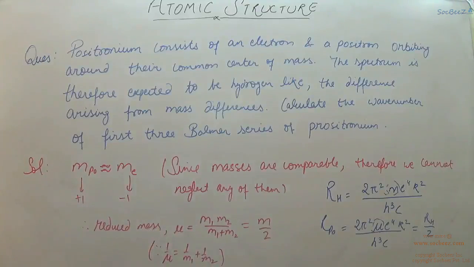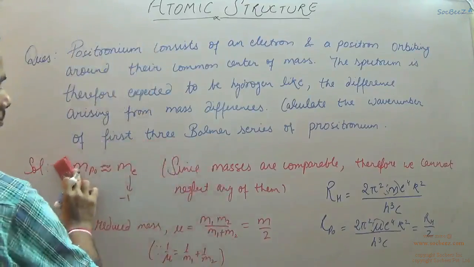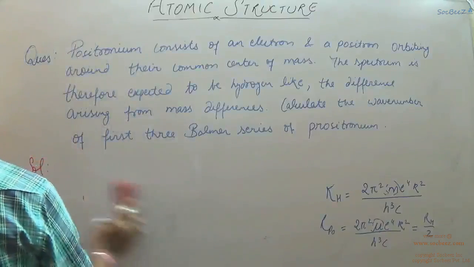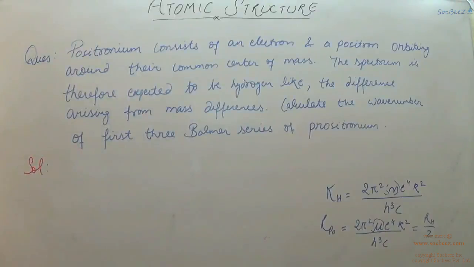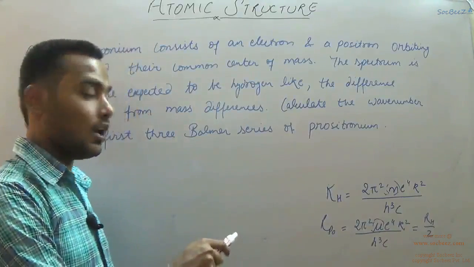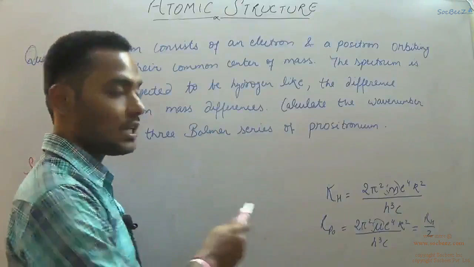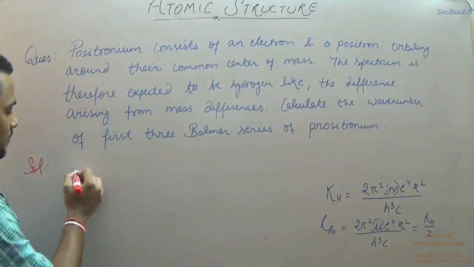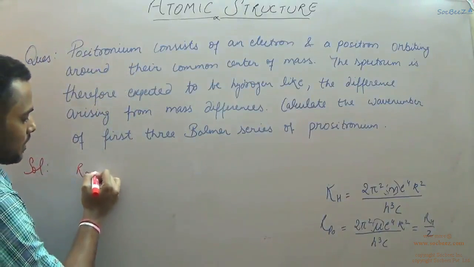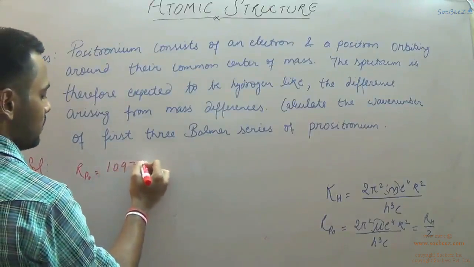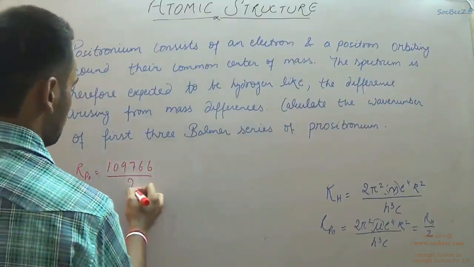Now there is almost nothing left. The only catch in this problem was to calculate the Rydberg constant separately by taking the reduced mass. Now everything is very simple. So R positronium becomes 109,677 upon 2.